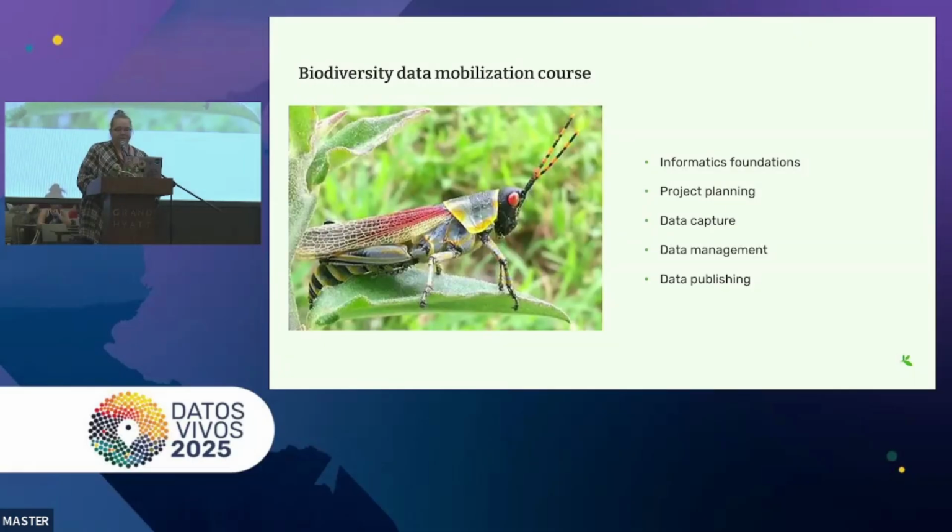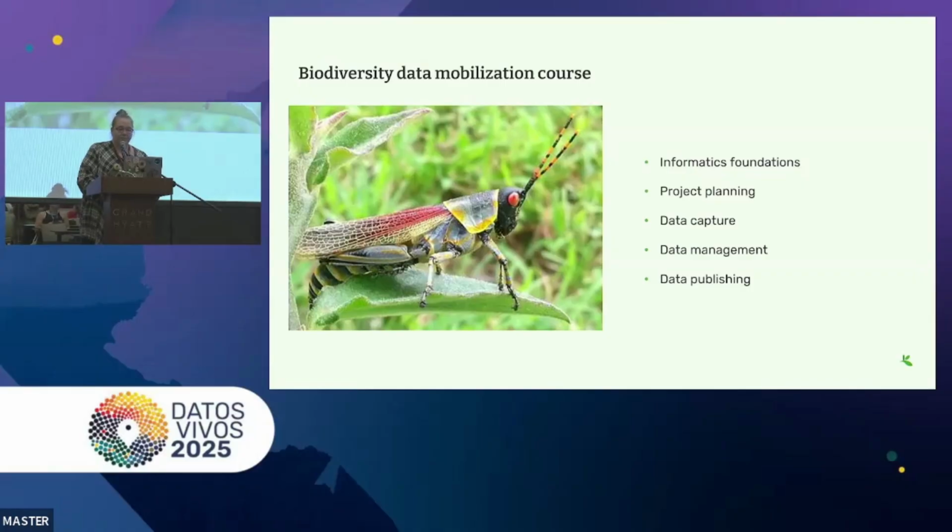The data mobilization course was developed from late 2015 through August of 2016 in preparation for the first Biodiversity Information for Development program workshop in Rwanda. Our BID program was funded by the European Union. This workshop in particular was in support of the sub-Saharan region.